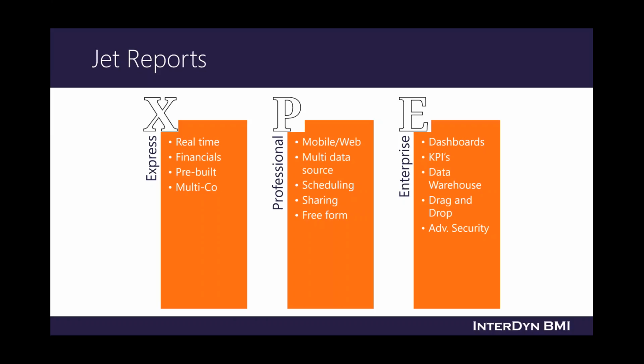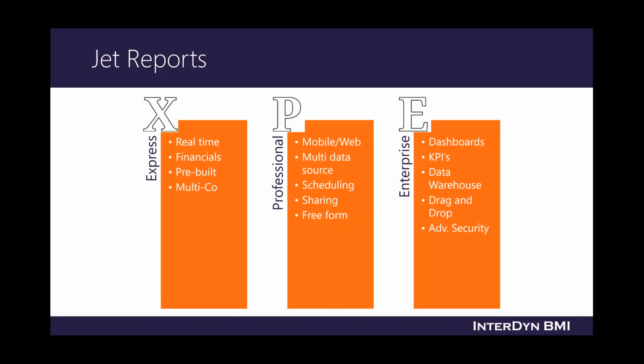Jet Reports Professional allows you to schedule the running of your reports and share those out. You can share that out via web, or share that through a SharePoint site. Then you've got the full security over who has access to which reports and what they can view. And then it also allows you to do a lot of free-form report writing.